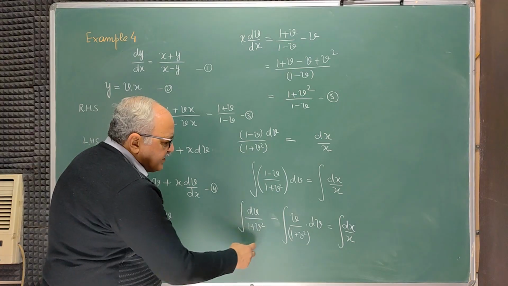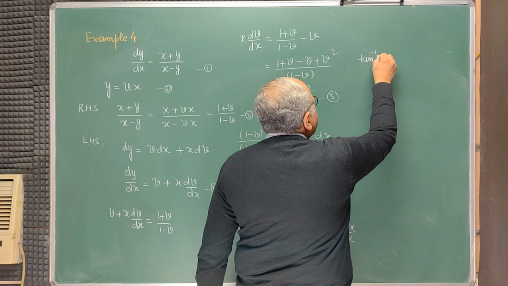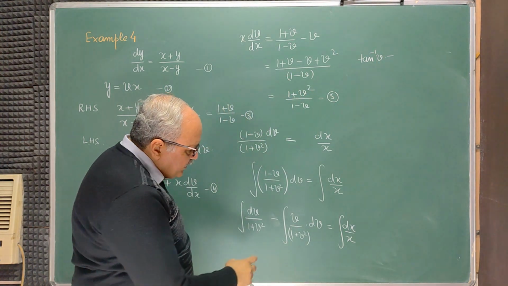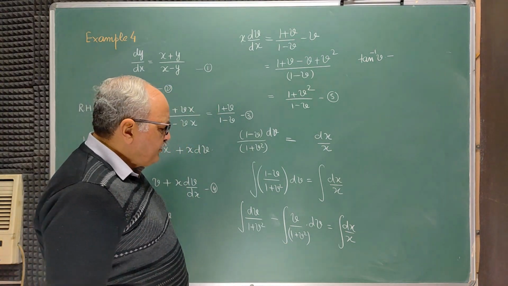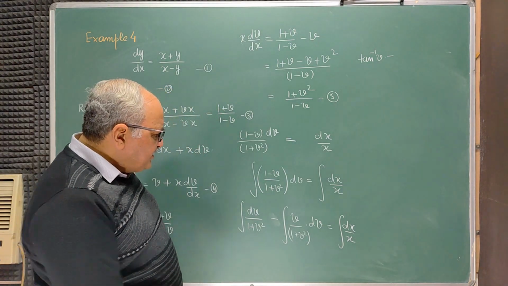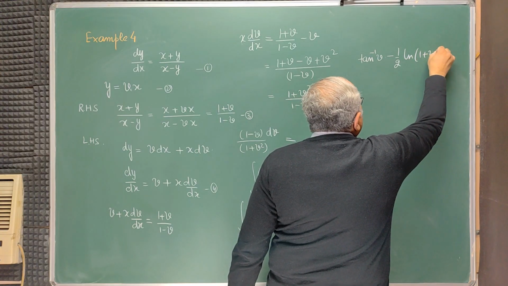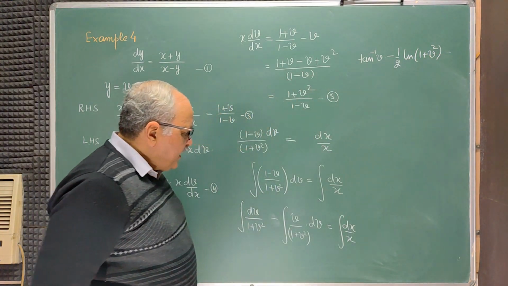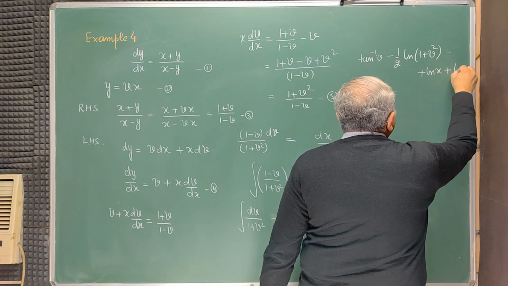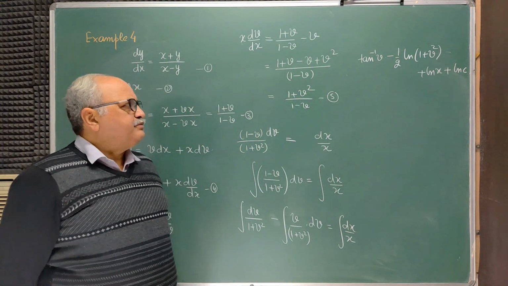This is a very standard integral, and we can write its solution as tan inverse of v. This is negative. Now I can take 1 plus v square, and when you differentiate to find out v dv, that will go, and this finally will lead to minus half log of 1 plus v square, and this also will give me log of x plus, let's put the constant of integration as log of c.